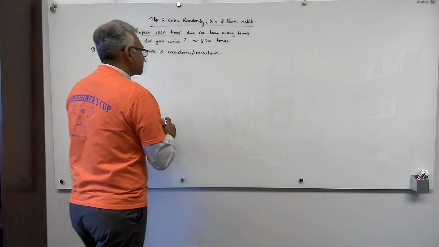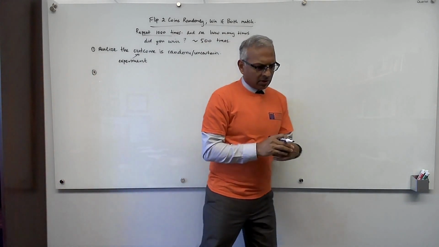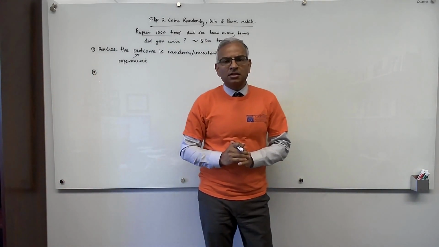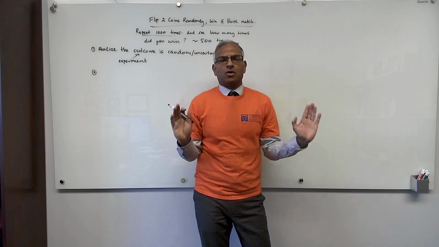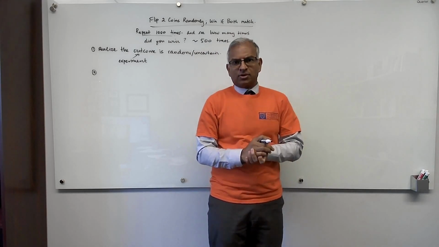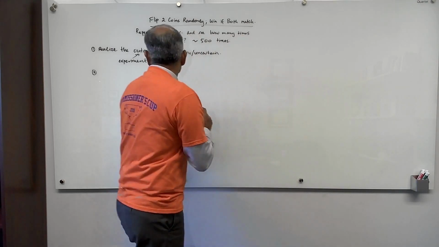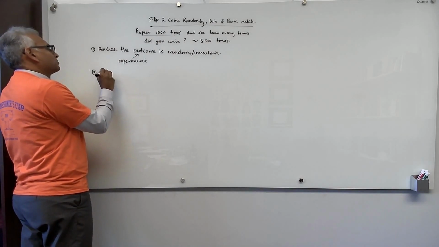So the next step: when you don't know what the outcome is, it is certainly possible that you will know all the possible outcomes. So figure out all the possible outcomes. In this case, when you toss 2 coins, figure out all the possible outcomes.